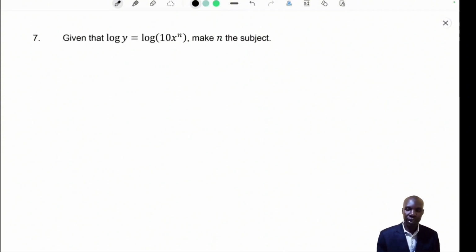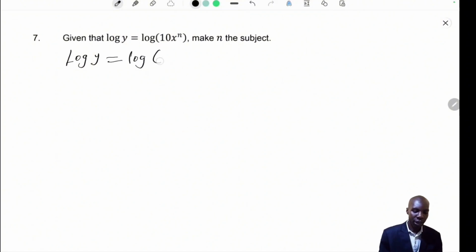Number 7, given that log of y equals log of 10x to power n, make n the subject of the formula. So we are told that log of y equals log of, in bracket, 10x to power n. We want to make n the subject of this formula. Because we have got log on both sides, we are going to cancel out the log.